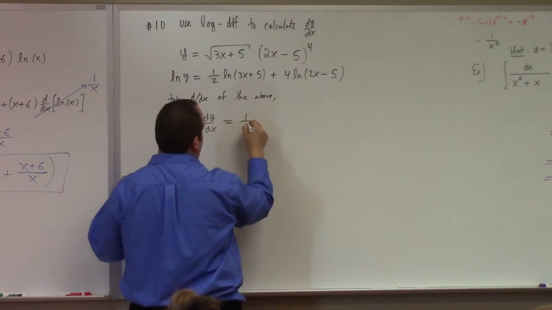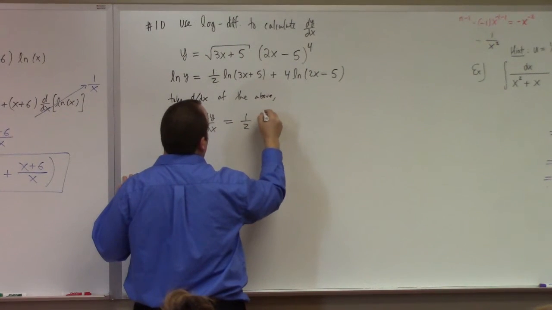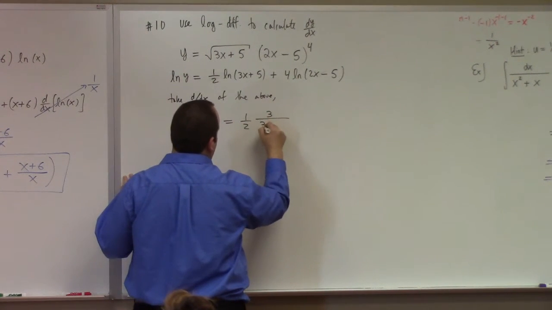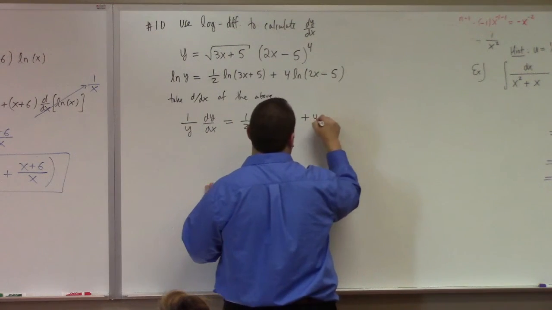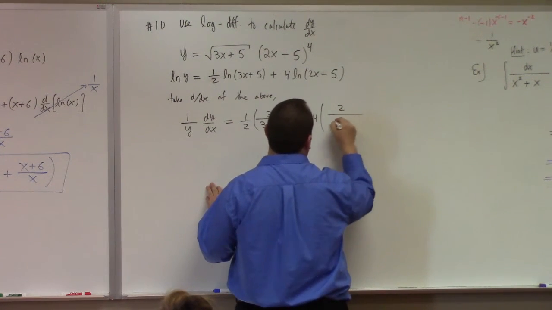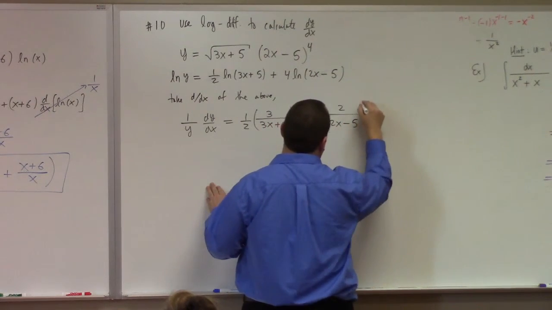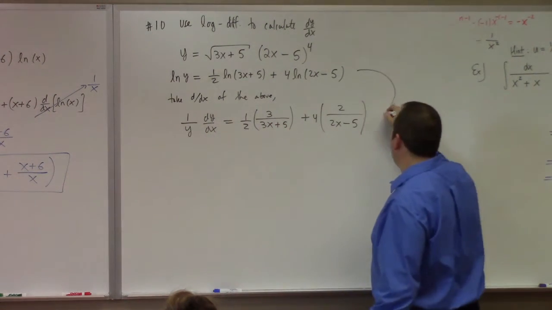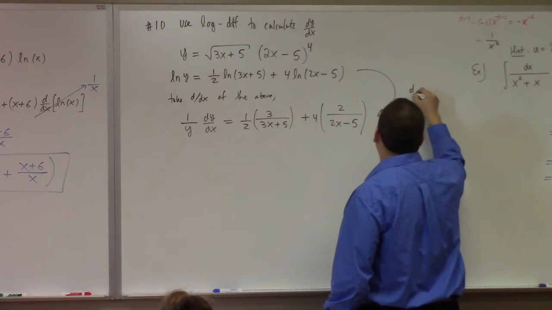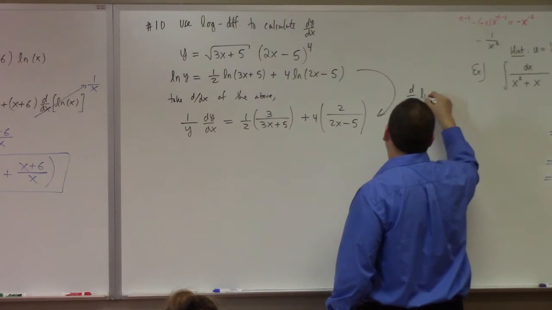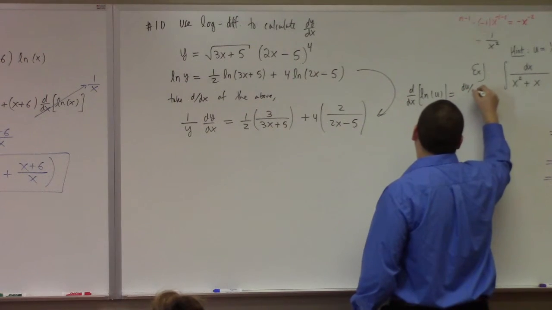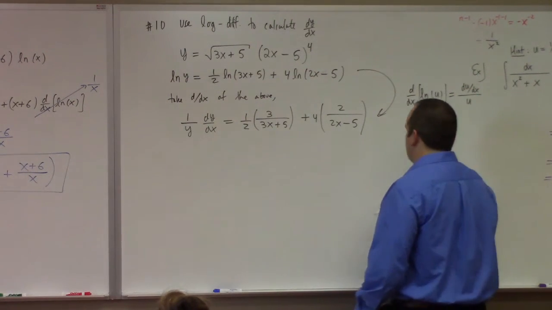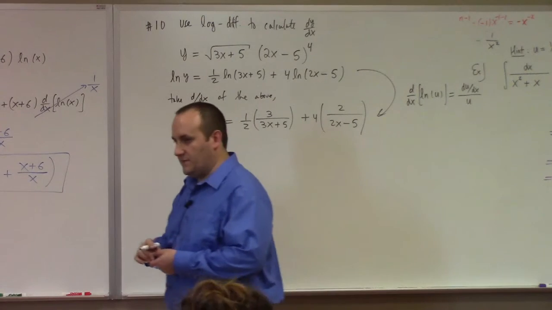Is equal to 1/2 times 3 divided by 3x plus 5 plus 4, parentheses, times 2 over 2x minus 5. So to get from here to here, I use this property, this identity, which is good to know. The natural log of u, if you differentiate it, it's du dx upstairs divided by u. That's the chain rule for the log function.